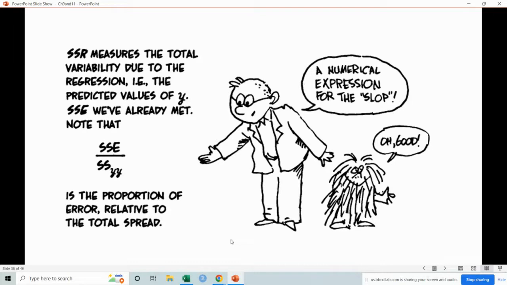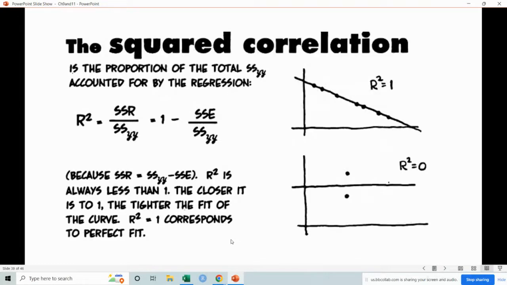Sum of squared error divided by total sum of squares is the proportion of error relative to total spread, a numerical expression for the slop, or the error. So that comes back to that r squared term I was talking about.